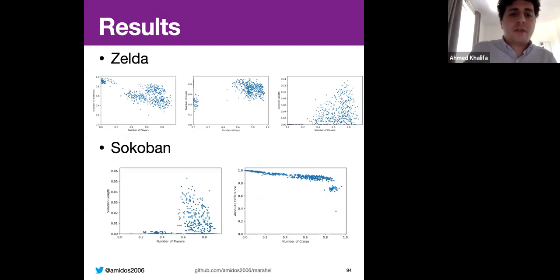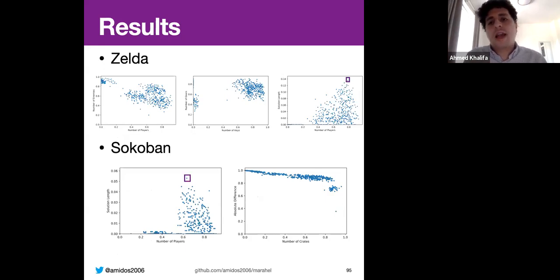For the other two games, Zelda and Sokoban, they had more dimensions. For example, Zelda had 6 different dimensions, 6 different fitness functions, and Sokoban had 4. And usually multi-objective optimization doesn't work very well with more than 3, but we decided to go with it anyway.